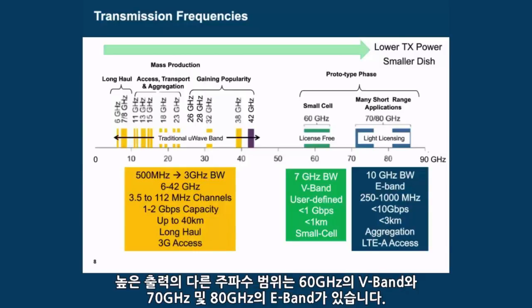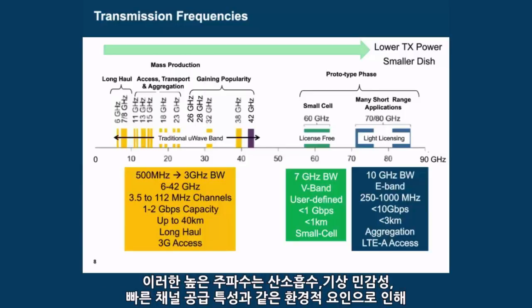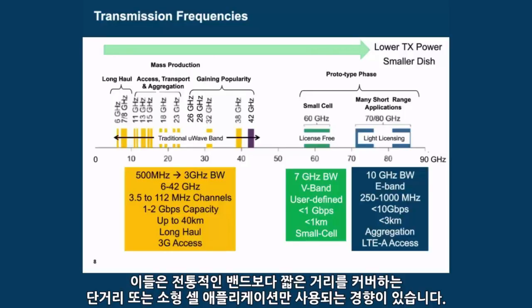The other frequency ranges at the higher outputs are V-band at 60 gigahertz and E-band at 70 and 80 gigahertz. The higher microwave frequencies mean the antenna sizes are smaller, and their output power is typically lower than the legacy band systems. Due to environmental factors such as oxygen absorption, weather susceptibility, and fast channel fading properties at these high frequencies, they tend to only be used for the shorter range or small cell applications, covering smaller distances than traditional band.